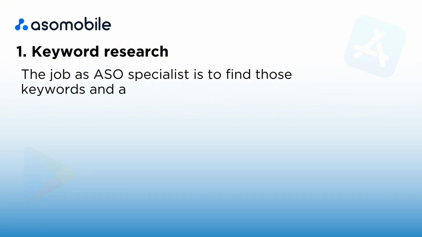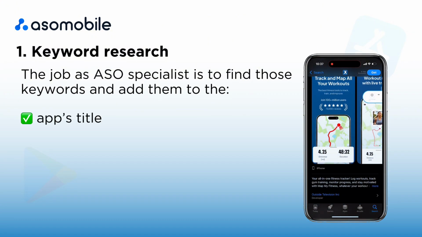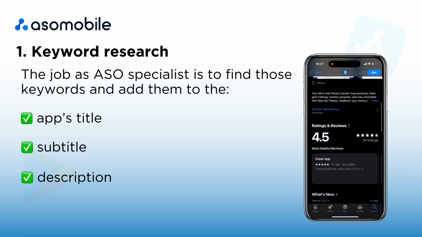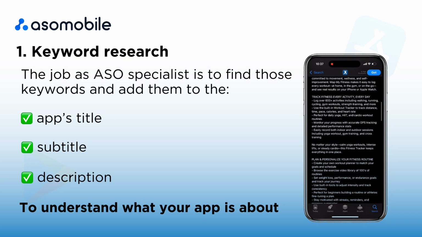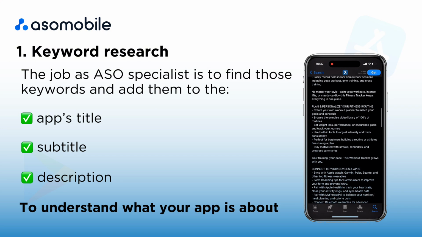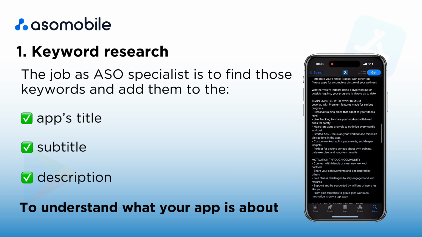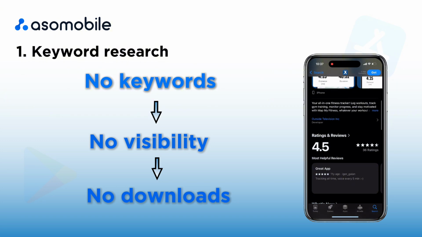Your job as an ASO specialist is to find those keywords and then add them to the app's title, subtitle, and description. Why? Because the app stores use those texts to understand what your app is about. If you include the right keywords in the right places, your app is more likely to show up in search results. No keywords, no visibility, no downloads.